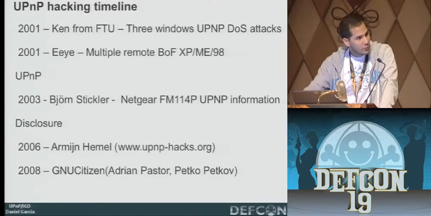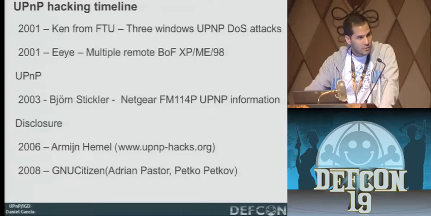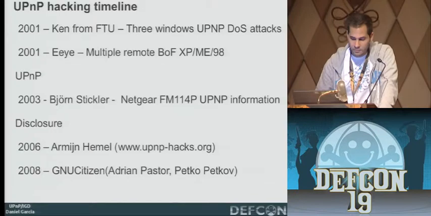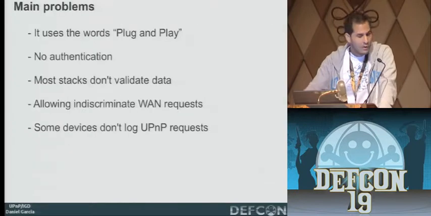It basically relied on the internal clients of a network sending SOAP through JavaScript. The purpose of that was opening the web administration port of clients that access sites and such. So what are the main problems of UPnP?